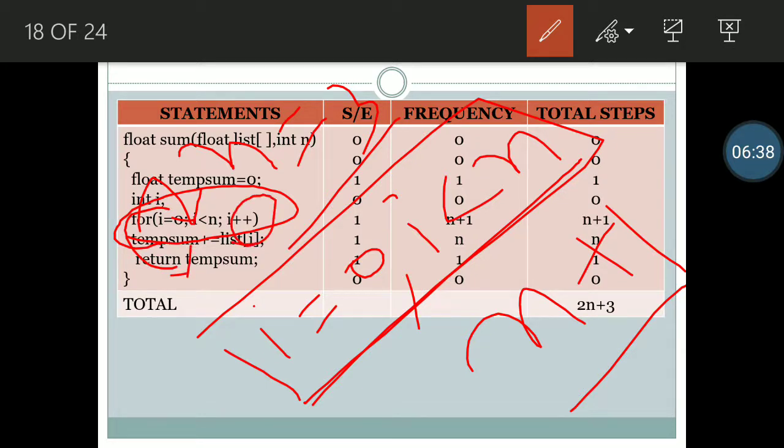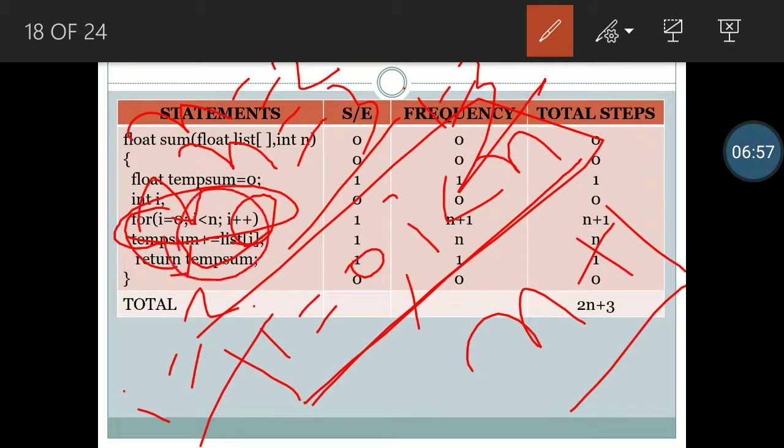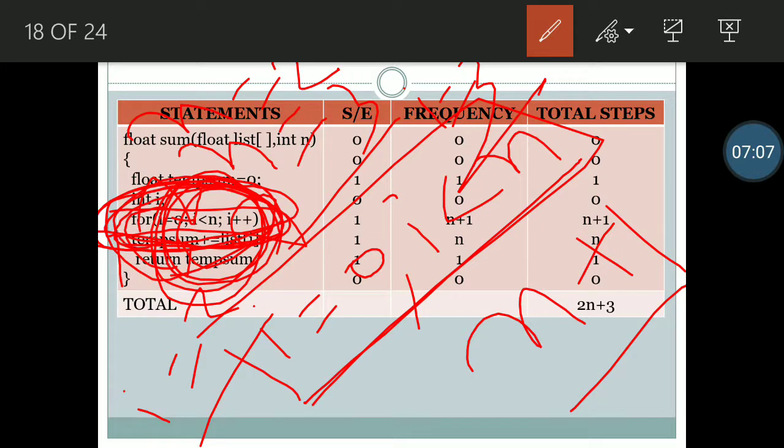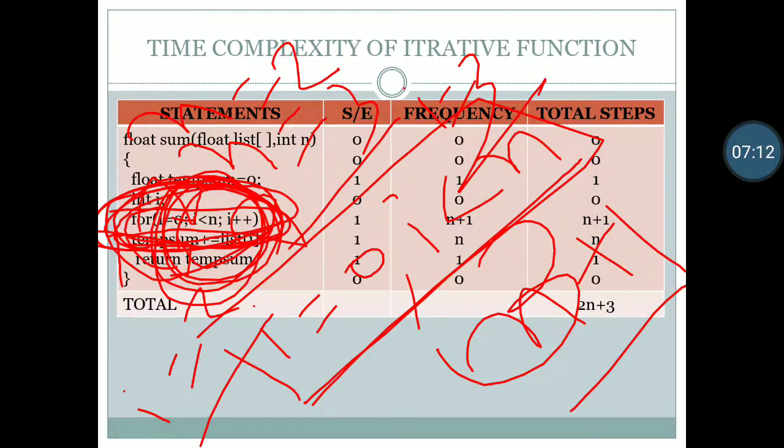Then i plus plus, so i will become 1, and the condition i less than n is true, so it will go inside. Again i plus plus, and i will become 2, and again the condition is true. Then i becomes 3 and it checks the condition once more. So this for loop's conditional statement will be checked 4 times, so the frequency is n plus 1.